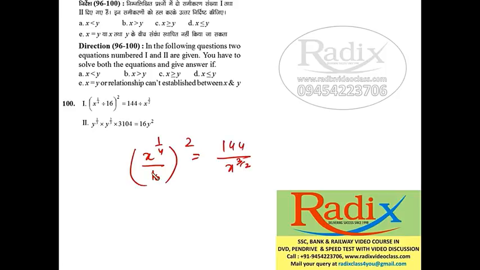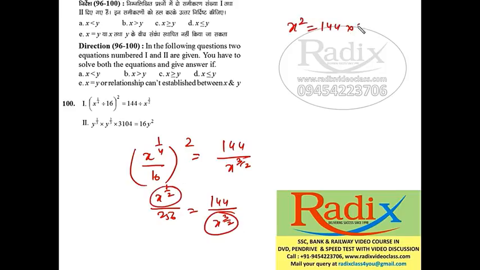Okay, next question. This is x to the power 1/4 over 16 square is equal to 144 by x to the power 3/2. Now this we can write x to the power 1/2 upon 256 is equal to 144 upon x to the power 3/2. Now 3/2 and 1/2 would be, x square is equal to 144 into 256. Now x would be, this is 12 square, this is 16 square, so this is 12 into 16. Now the second term, y 1/3 and 2/3 would be y 3104 is equal to 16y square.